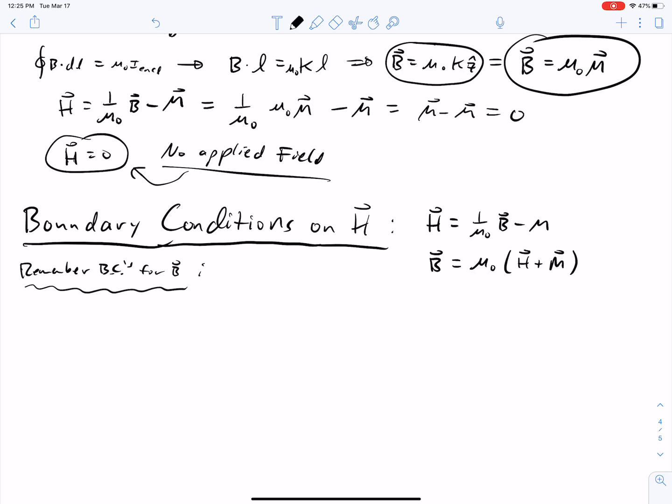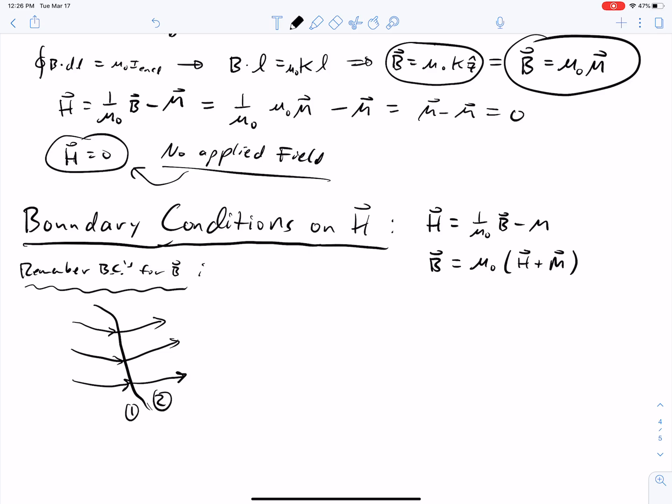So for B, remember the idea is that we have some membrane subdividing two areas. We'll call this area 1, and this is area 2. And then we have some B field, which might change sign or change direction. We have some funky B field.